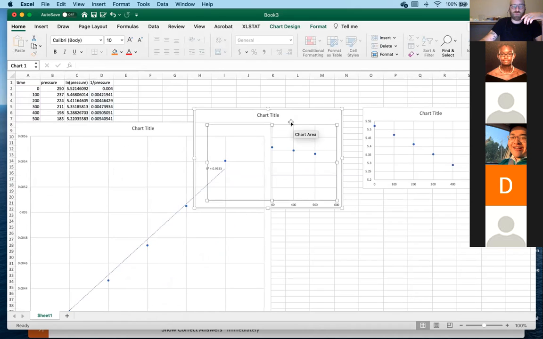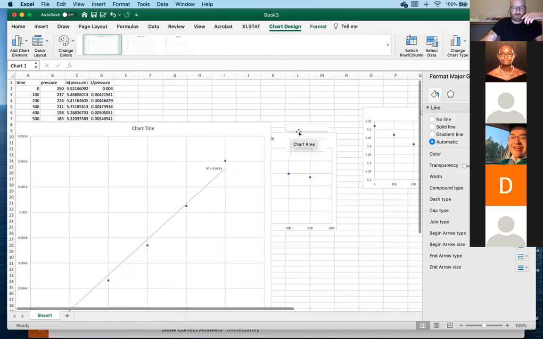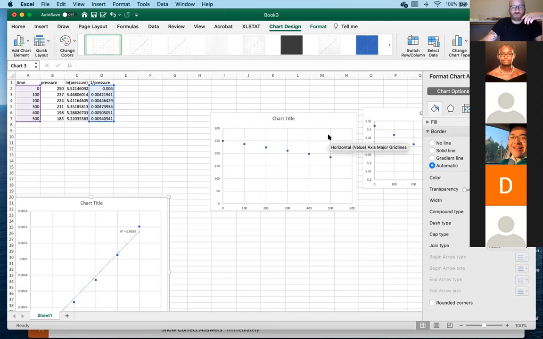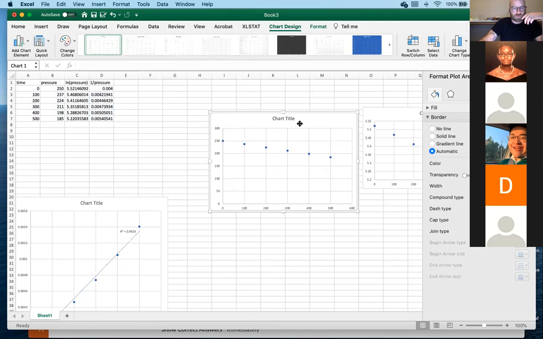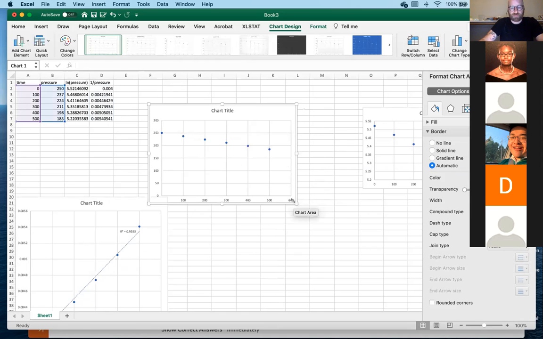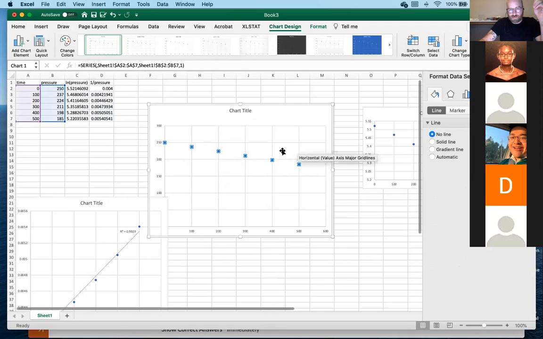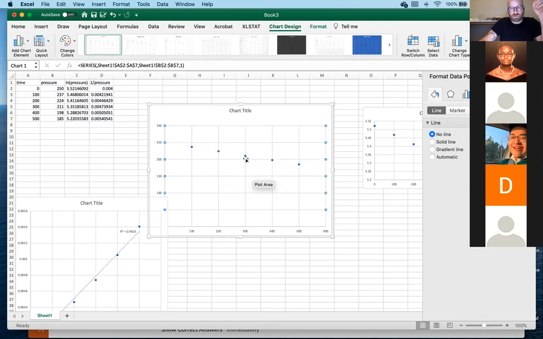And the same would be true if we look at this one, where we're looking at time versus pressure. If I try and fit a line to it, let's say I add a trend line to this.